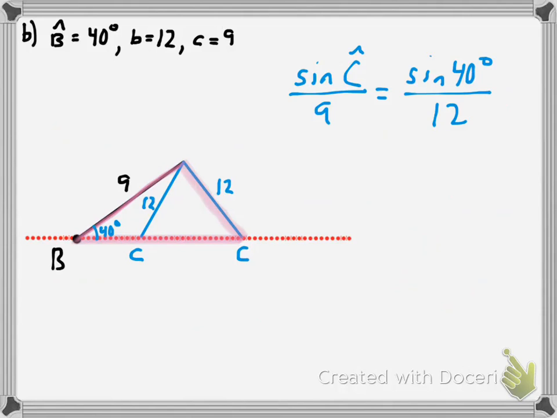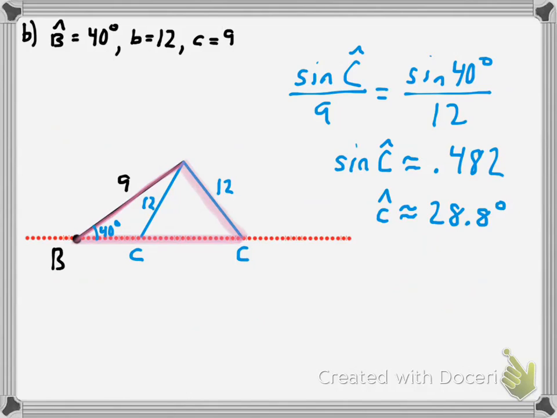Okay, so then that will give us the sine of C is approximately 0.482. Again, it's good whenever the sine of an angle is between -1 and +1. That means it's possible to have an angle that would have that sine value. And then the sine inverse of 0.482 would give us the acute possibility for angle C. And that would be about 28.8 degrees.